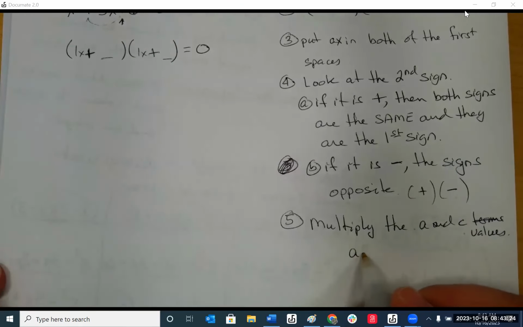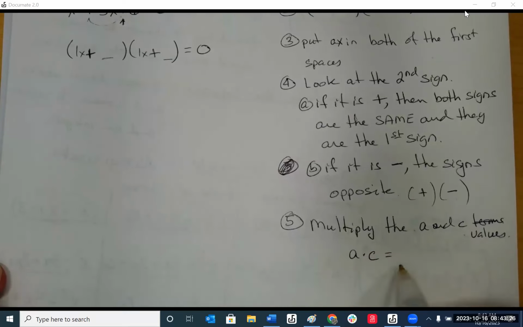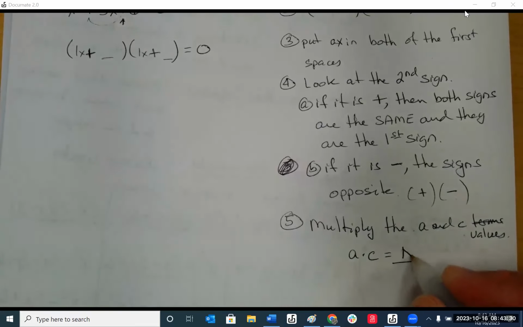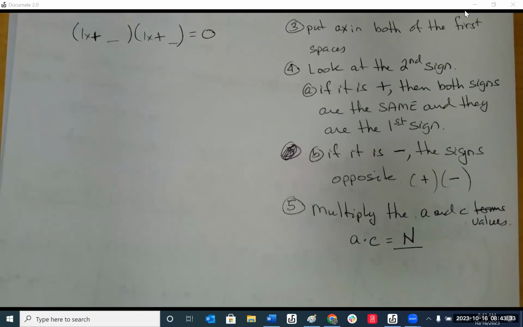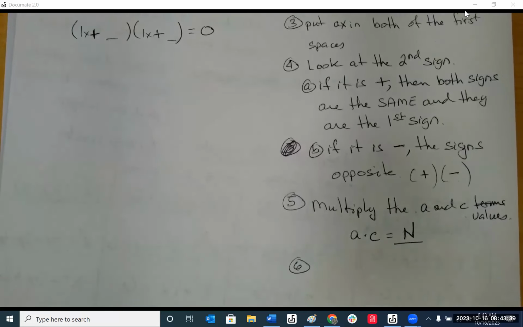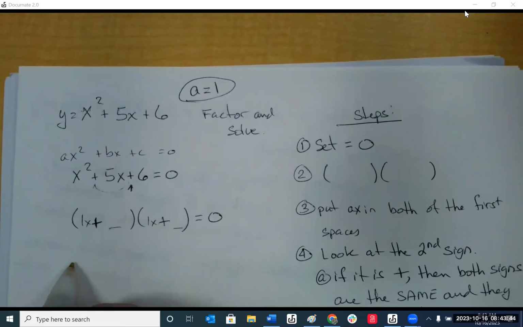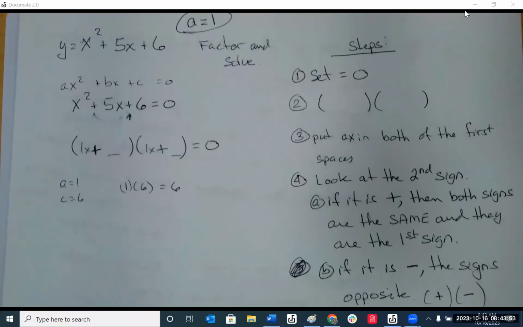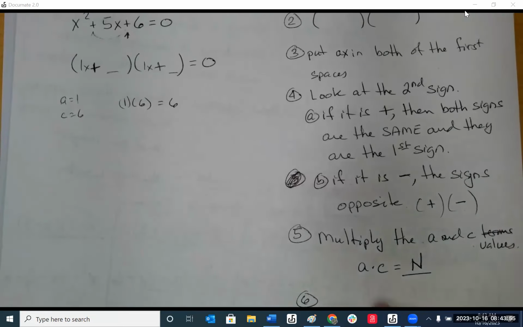So multiply A times C will give you some number. I'll call that N right now. In our case, A is 1 and C is 6. So we have 1 times 6 equals 6. That's what we did in step 5.